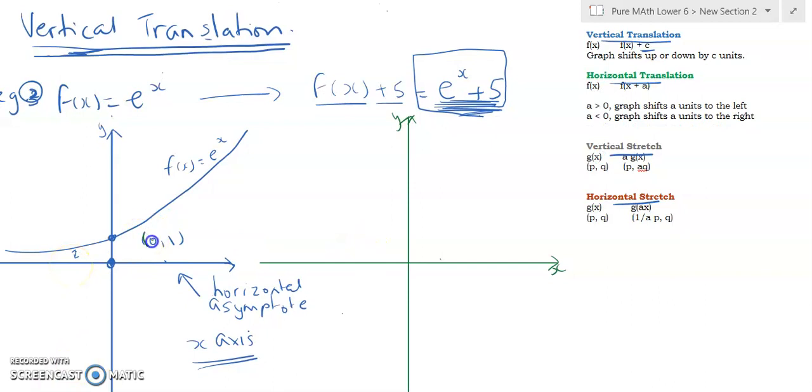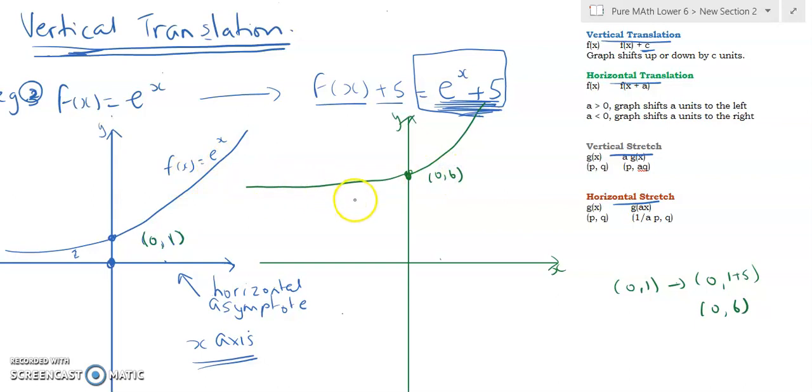And here, 0, 1 will now shift 5 units up. So instead of 0, 1, it will become 0, 1 plus 5, 0, 6. So now that's my new point of contact with the y-axis, right? So it will go the same sort of slope and everything like that. Go like that, right? So this is now the point 0, 6.